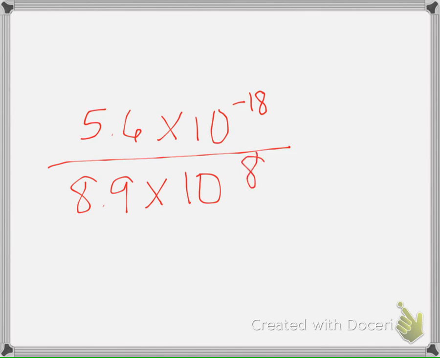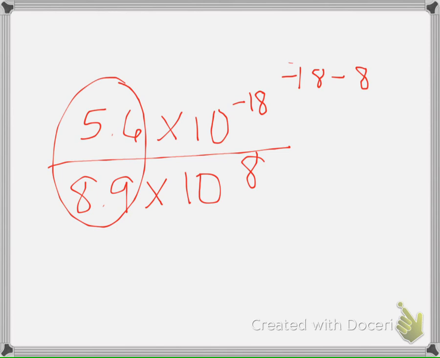Alright. Well, when exponents are being divided, we subtract the exponents. So for the exponents, it's going to be negative 18 minus 8. Okay, but let's go ahead and do this part of our math first.